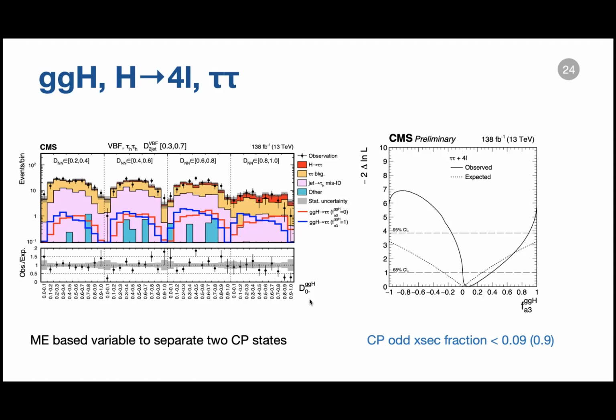For tau, I suppose there is some missing energy, so what will be the input variables for the neural network, versus the problem with Higgs to gamma gamma, because there you don't have many handles. Yeah.